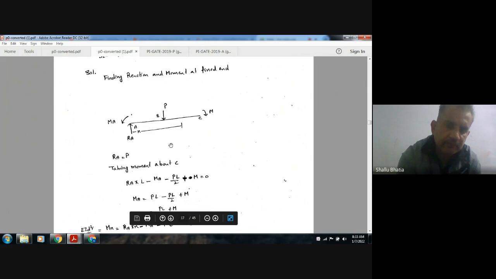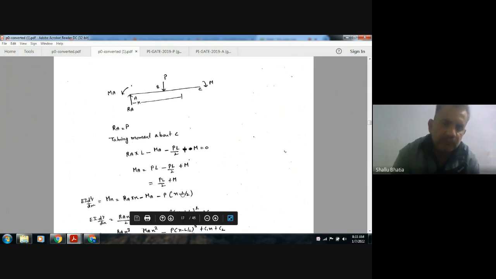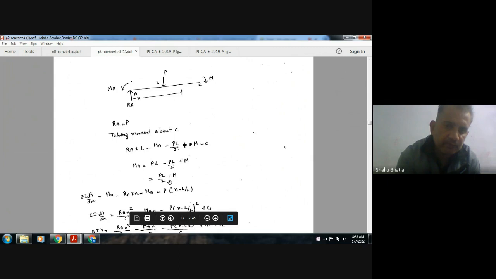And taking moment about C, we can find out MA. So RA into L minus MA minus PL by 2 plus M is equal to 0. So MA comes out as PL by 2 plus M.